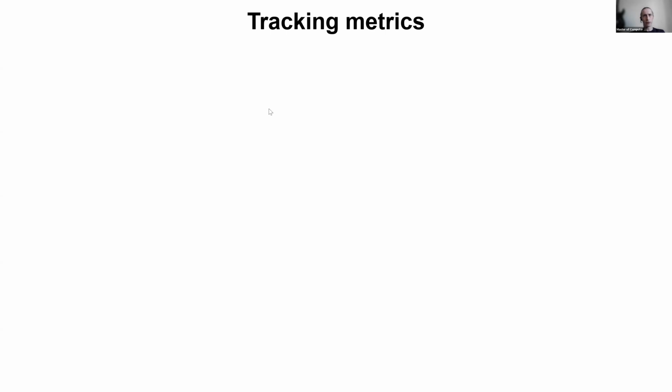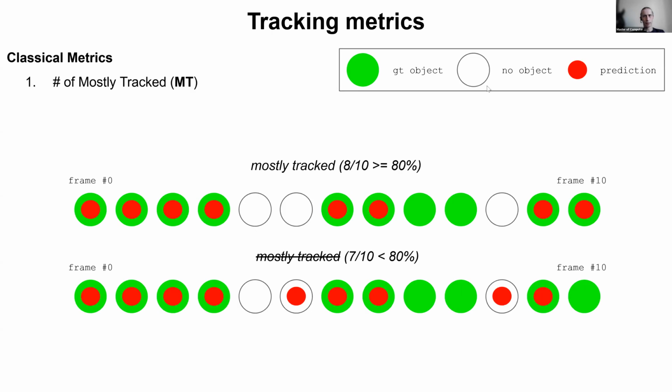To begin with, we can define the simplest and most intuitive metrics. For example, let's perform matching of all predicted trajectories. Trajectories mean tracks, so it's the same. Let's perform matching of all tracks with the ground truth trajectories.